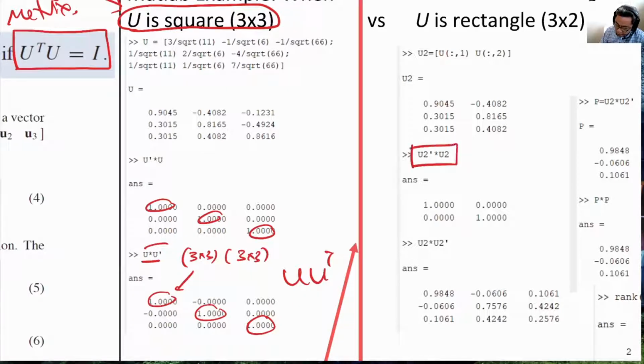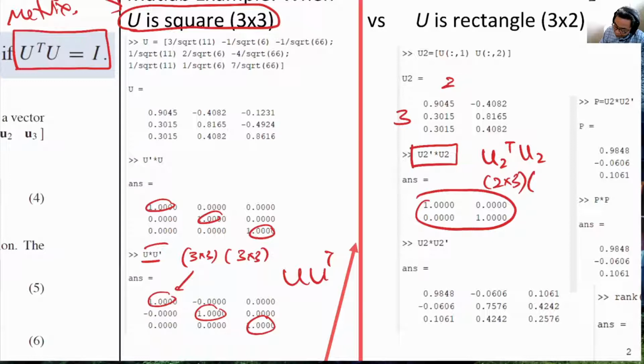Let us compute U2 transpose U2. The 2 here stands for the 2 columns of U. We get identity because, remember, U2 is a 3 by 2 matrix, U2 transpose is a 2 by 3 matrix. Therefore, what we get is a 2 by 2 identity.